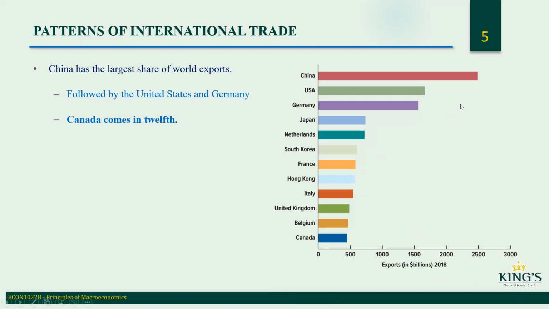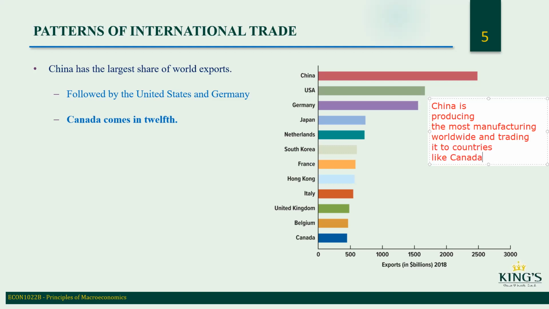So basically based on this graph, China is producing the most manufacturing worldwide and trading it to countries like Canada, the US, and other developed nations.